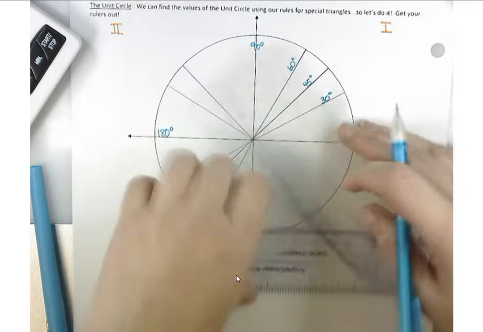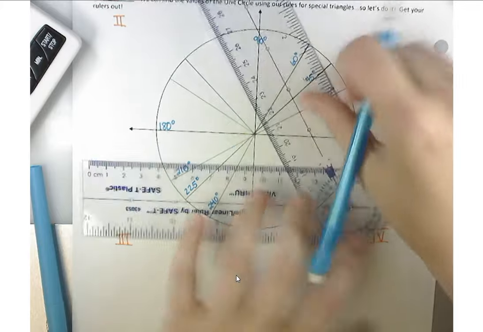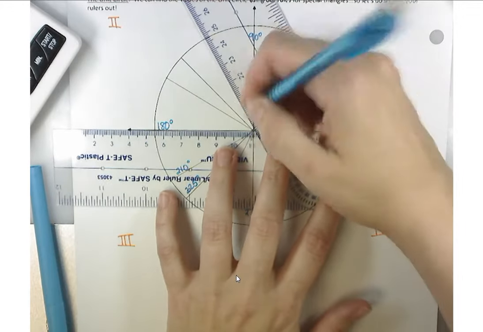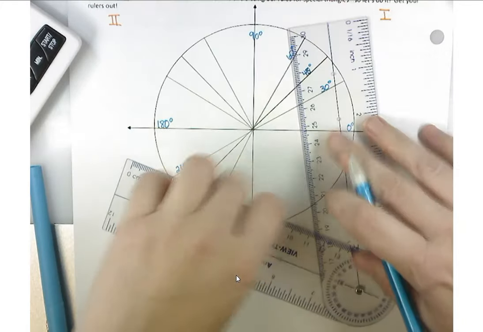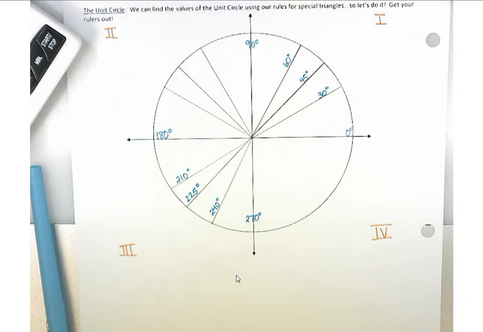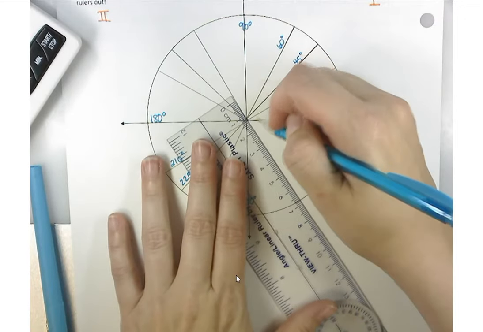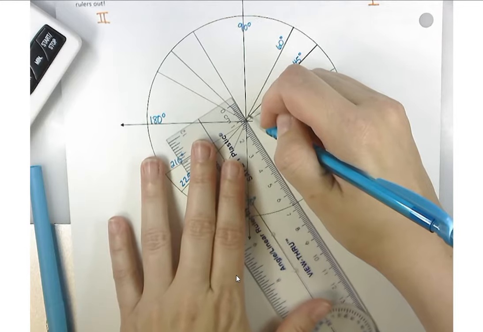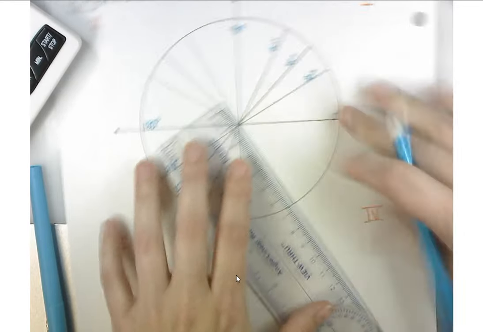And then you'll have the 45-degree angle, and then you will have the 60-degree angle. Okay, and then again we are going to extend these into the fourth quadrant.